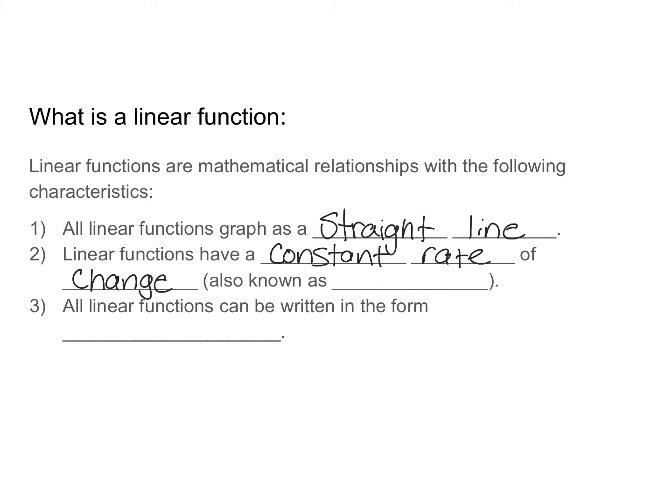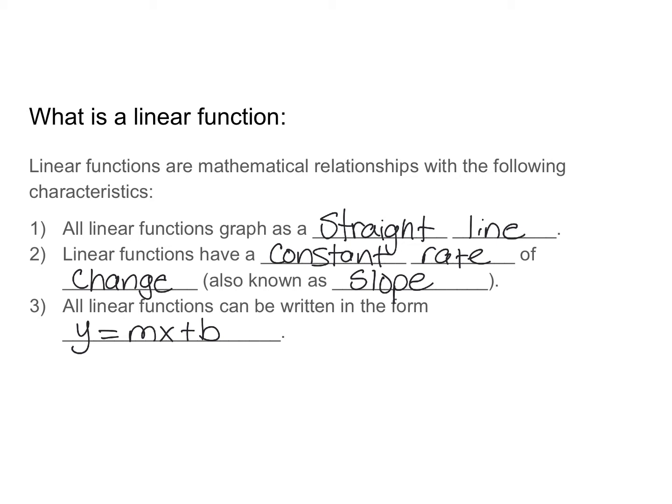The most common word that we use for rate of change in Algebra 1 is slope. And all linear functions can be written as an equation in the form y equals mx plus b. Now, they're not always in that form, but they all can be written in that form.